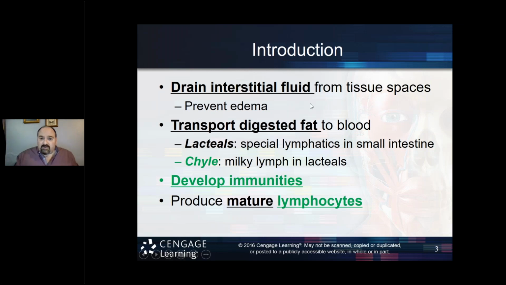To share some personal information, my mother had breast cancer a few years ago, and she had her right breast removed as well as some lymphatic tissue, some lymph nodes on the right side of her body, her right upper extremity. As such, she is prone to edema of her right upper extremity because lymph vessels and nodes have been removed from that area, so it doesn't manage the fluid present within that right arm.